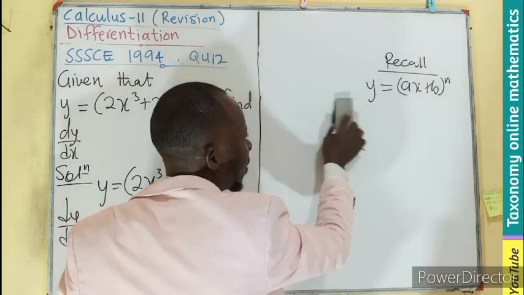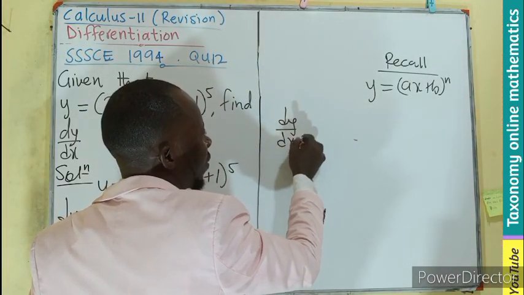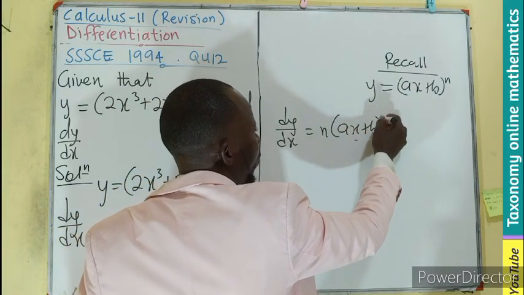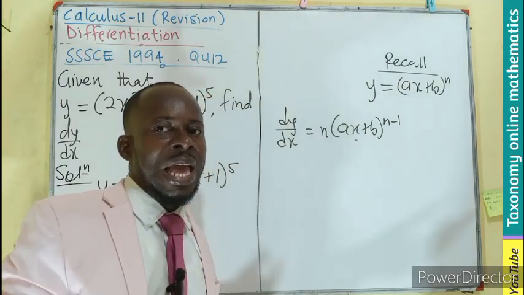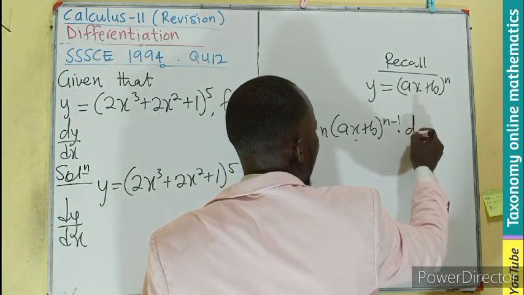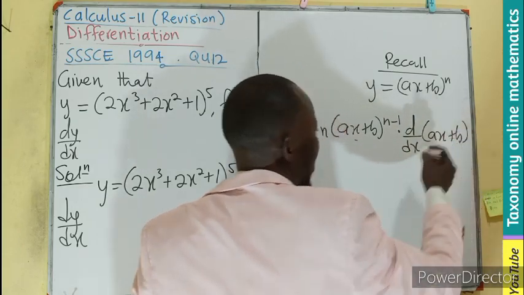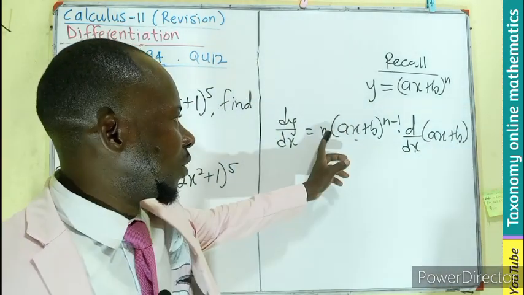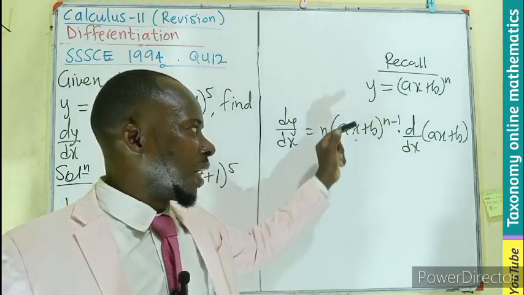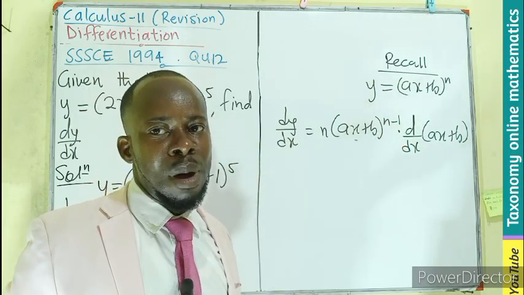Let me write it in a longer version. Our dy/dx becomes n times the function with the power reduced by 1, like a normal differentiation, then we multiply the result by the differential of the terms in the bracket. So first you perform a normal differentiation, the exponent comes to multiply, then you go into the bracket to differentiate after you reduce the power by 1.